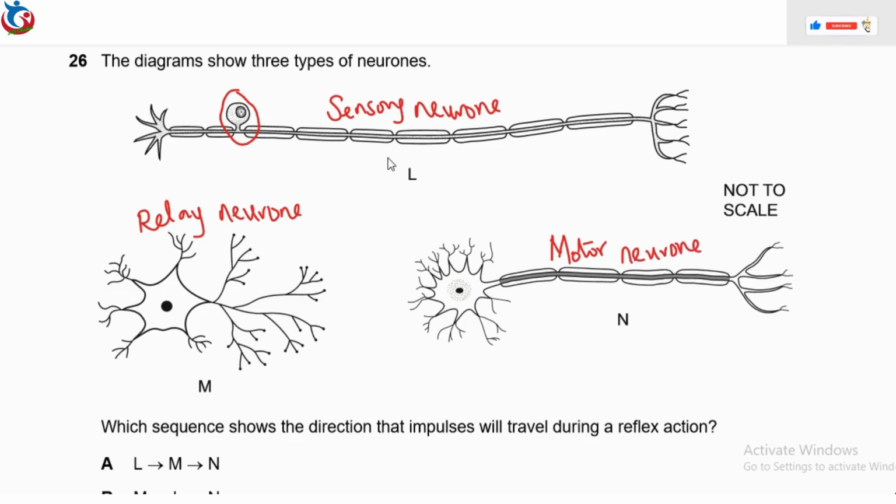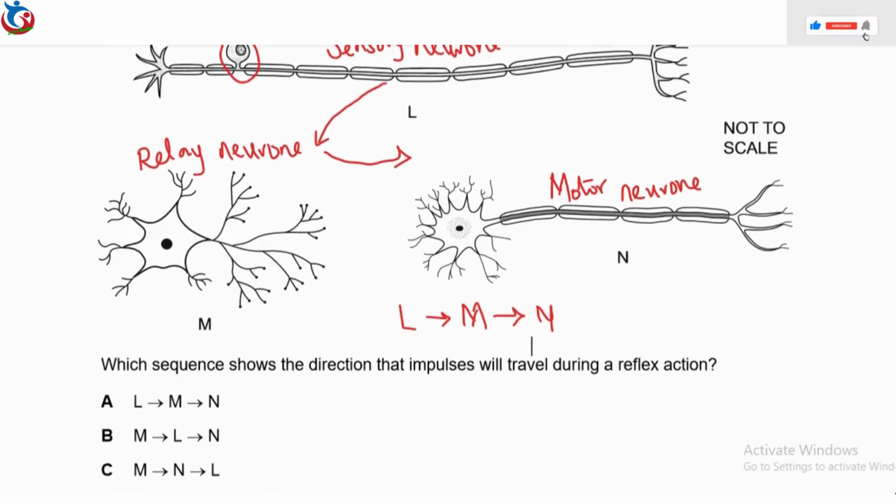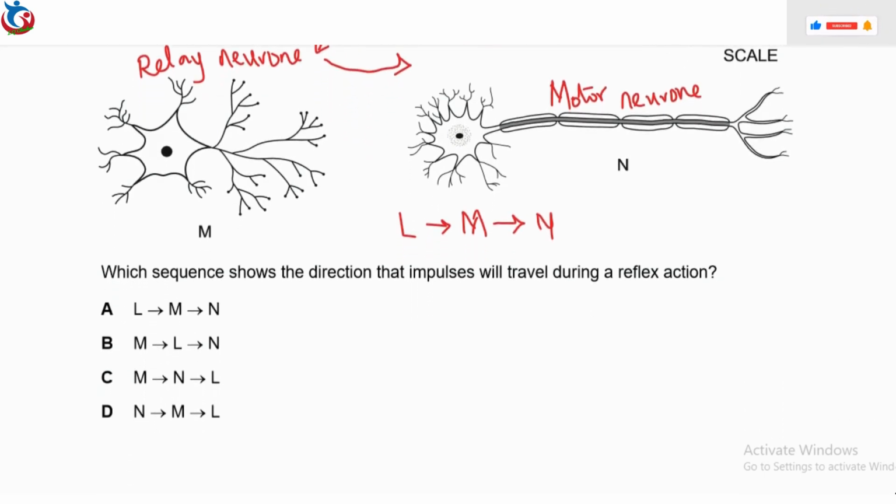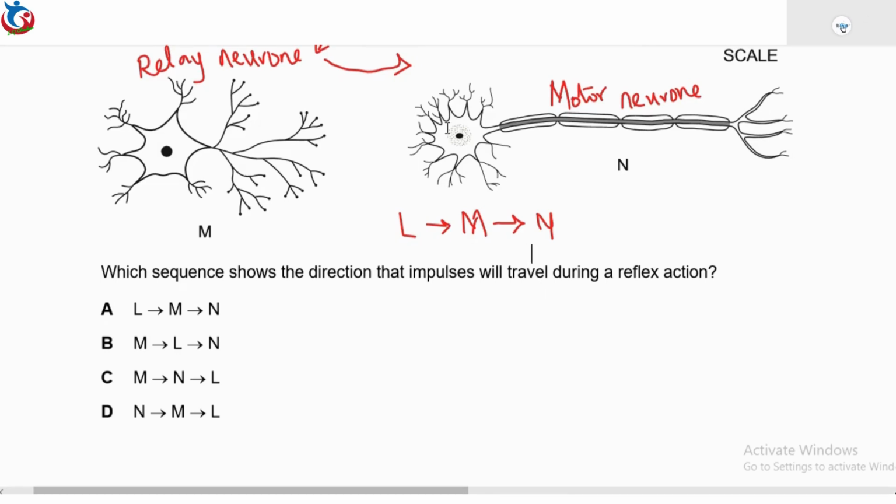Then how do impulses move? Impulses move from sensory to relay, then from relay to the motor neuron. So automatically we can say from L to M to N. Looking at the options now, we have L to M to N. So automatically it makes option A our correct answer.